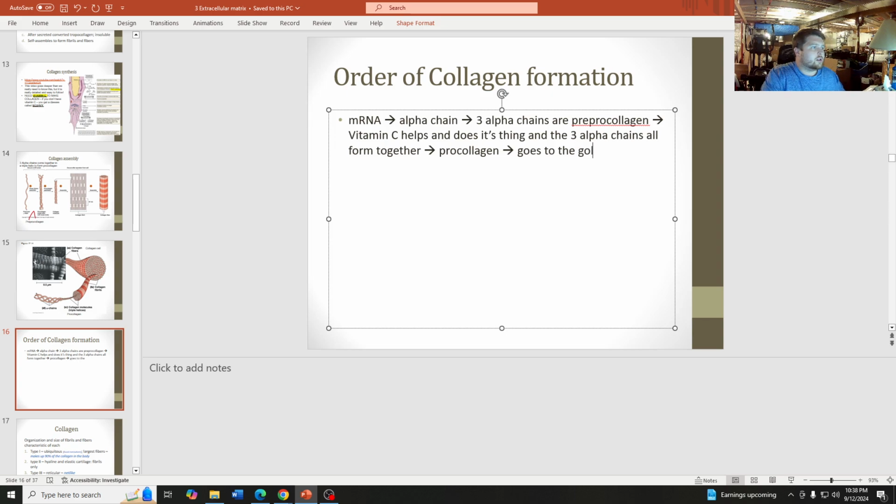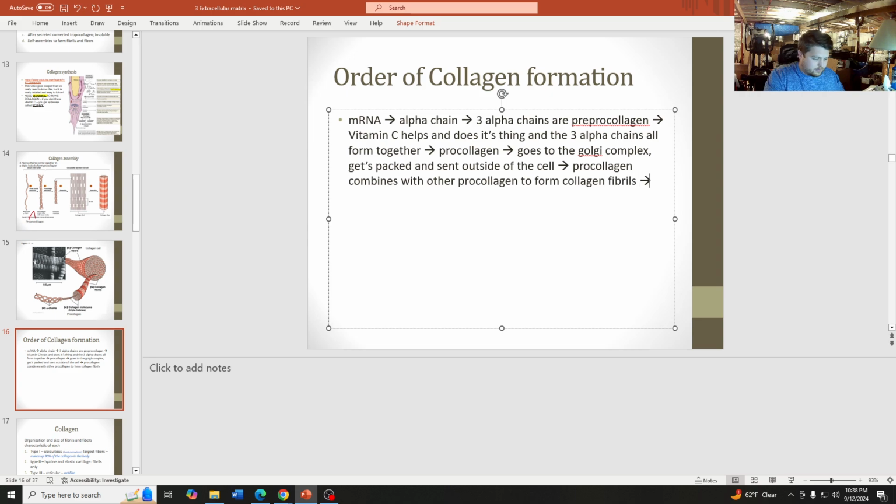Goes to the Golgi complex, gets packed and sent outside of the cell. Pro-collagen combines with other pro-collagen to form collagen fibrils.